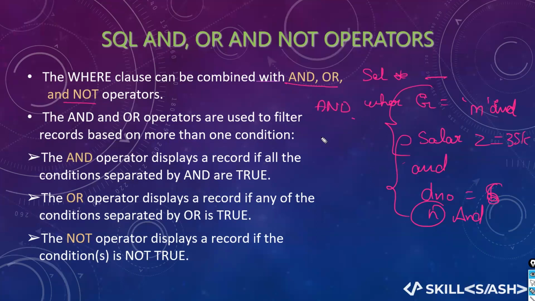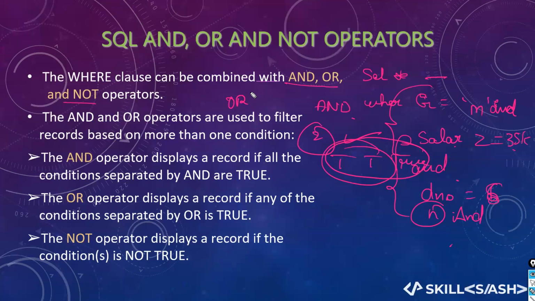Okay, when you have two conditions to be true, this and this and this. Okay, so at that time we use this statement. Okay, that is what the and clause is.